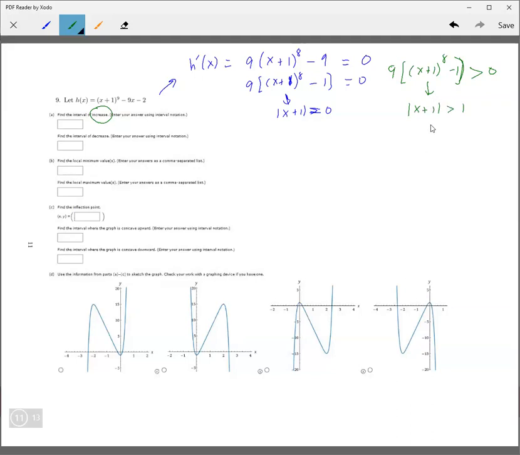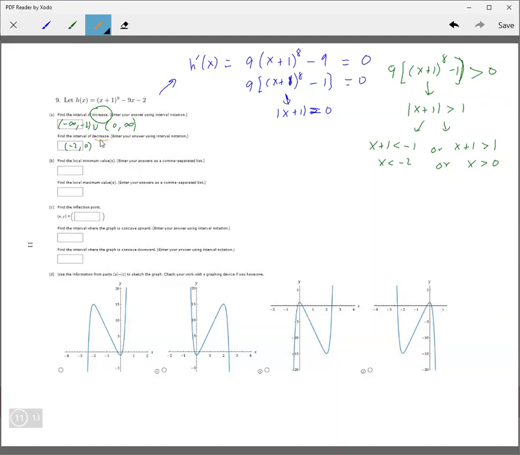Okay, so this one splits up into 2 pieces, either less than -1 or greater than 1. So this would be x less than -2 or x greater than 0. Okay, so that's going to be from -infinity to -2 union 0 to infinity. And then everywhere else it's going to be decreasing. So from -2 to 0.